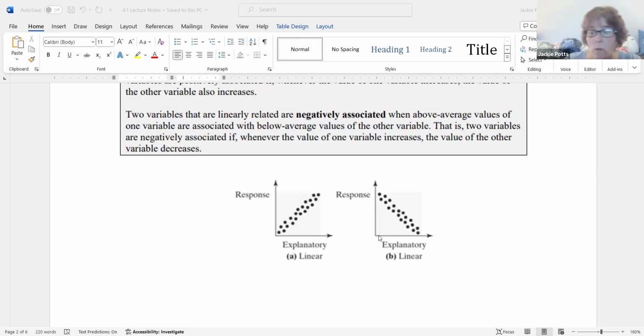And how we describe this is as the X value increases, the Y value decreases. Now, Pearson's homework tweaks on that because it's going for understanding. Sometimes it'll say as the Y value increases, the X value does what? As the Y value increases, the X value increases. As the Y value increases, the X value decreases.